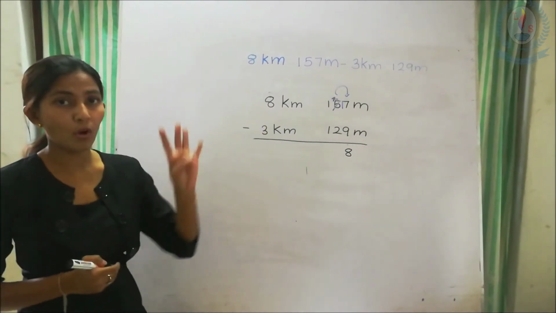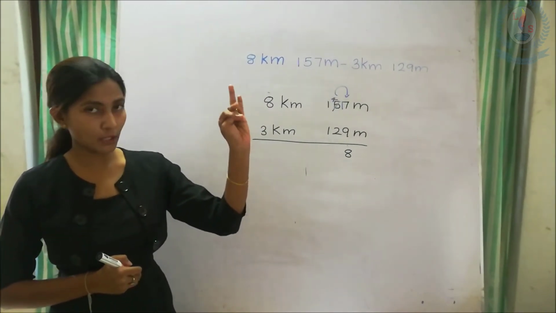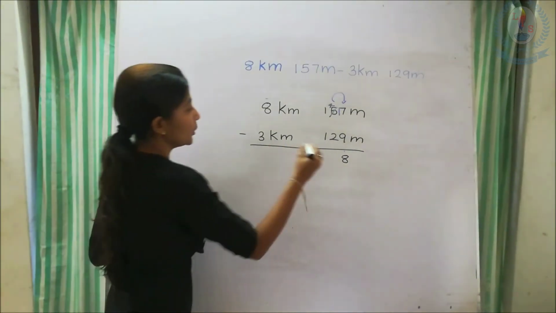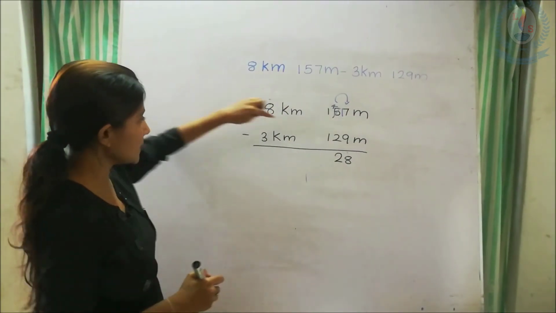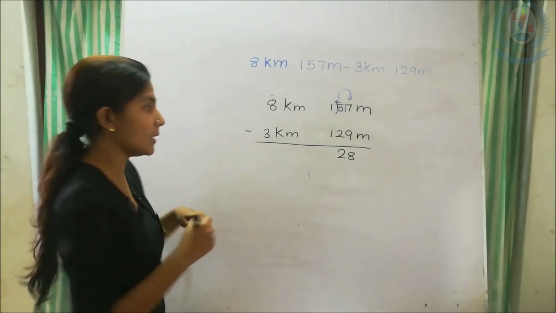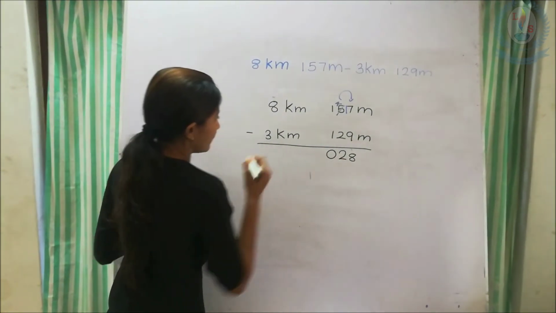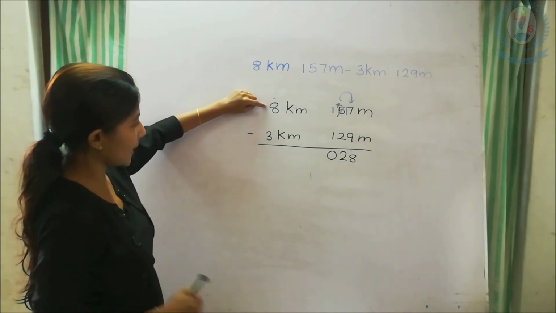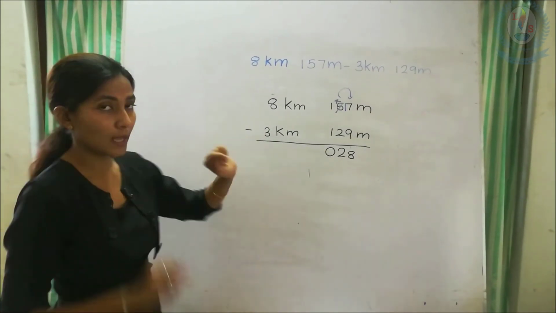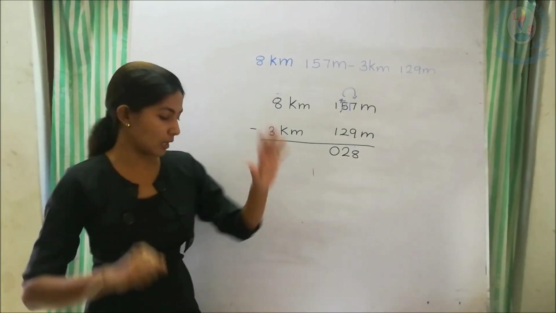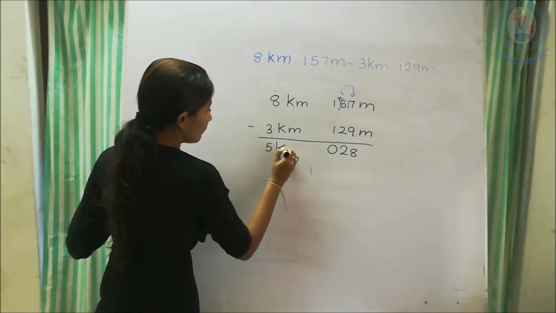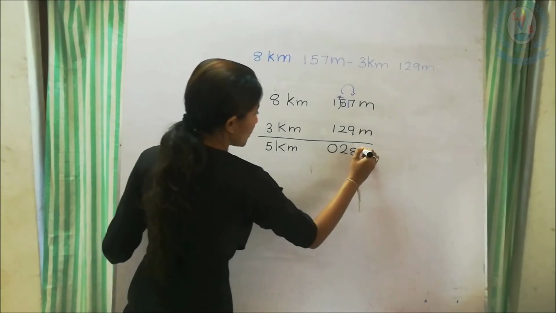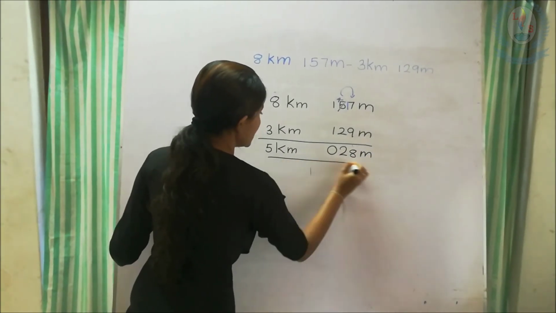Then you have 4. 4 cut 2 is 2. Then you have 1 minus 1, 0. Then you have 8 minus 3. 8 fingers, cut 3. You have 5 here. Then your answer is 5 kilometers and 28 meters.